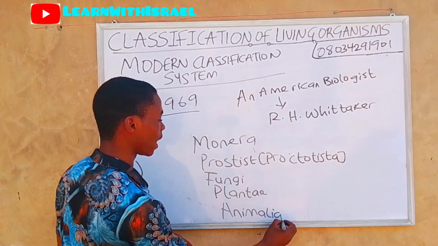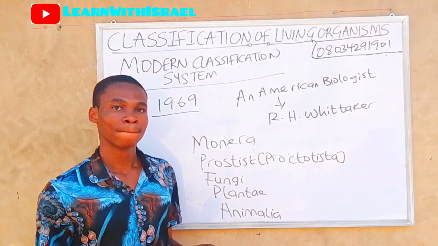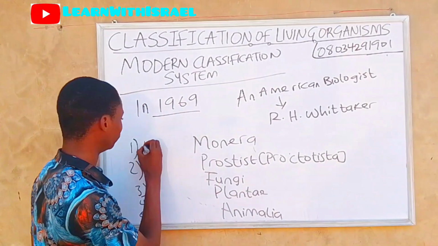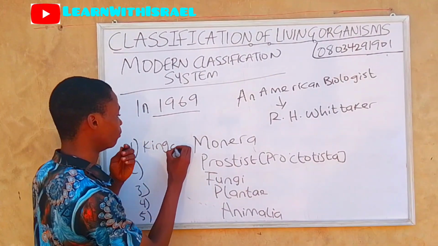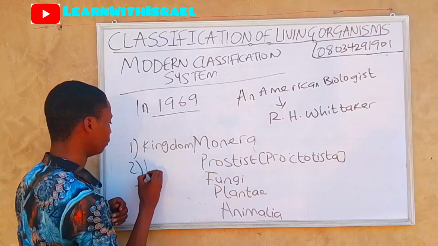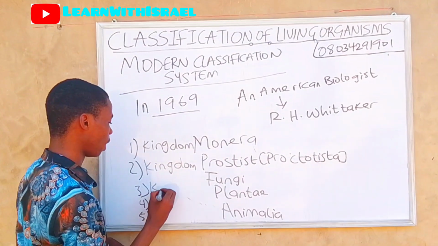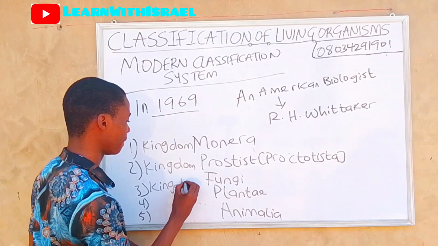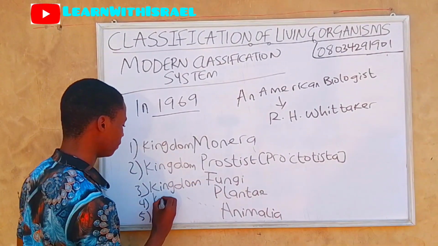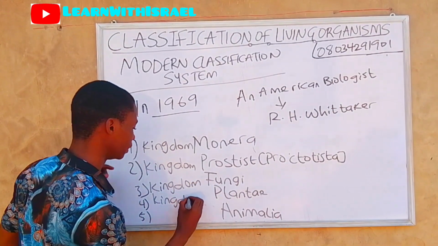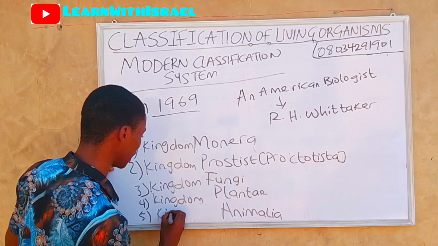Plantae means plant, while Animalia means animal. So we have to add kingdom. It is called kingdom Monera, kingdom Protist, kingdom fungi, kingdom Plantae, kingdom Animalia.